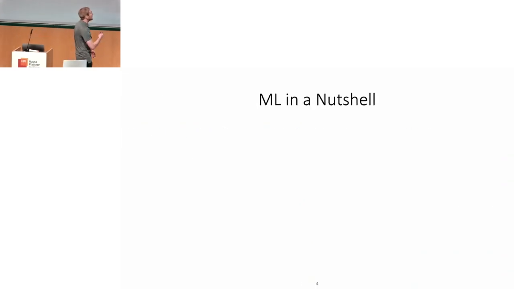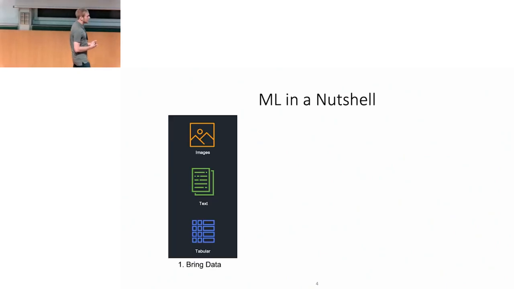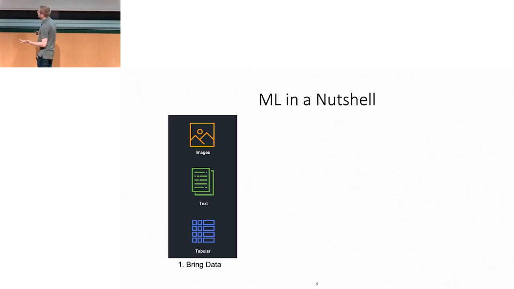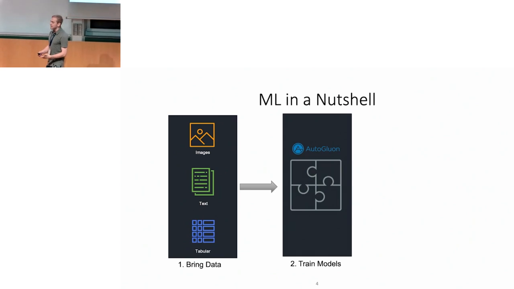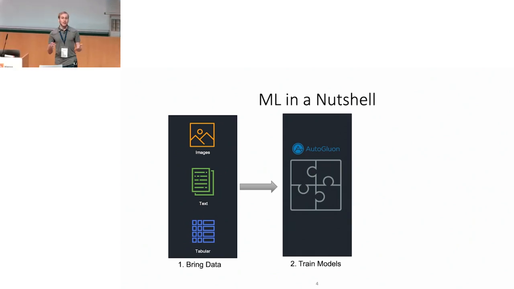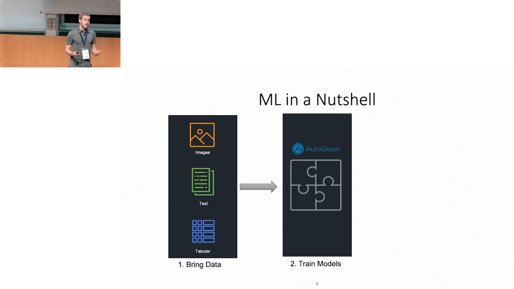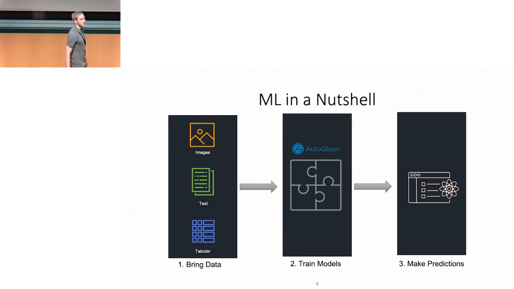Now, let's talk about ML in a nutshell. In very simple terms, machine learning is bringing your data, which could be tabular, text, image, all of it at once. Then you want to use your data to do something, and then hope that that thing ends up being able to make predictions on new data that is useful to you.